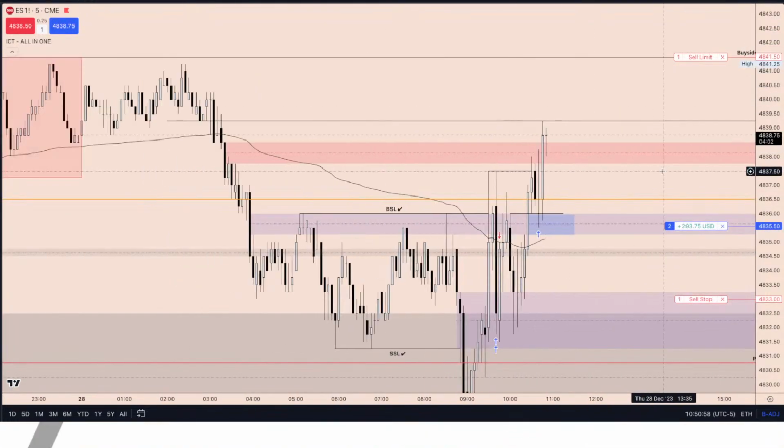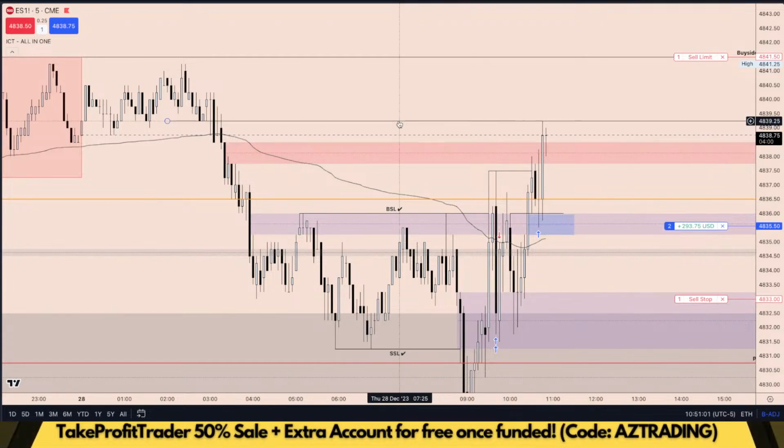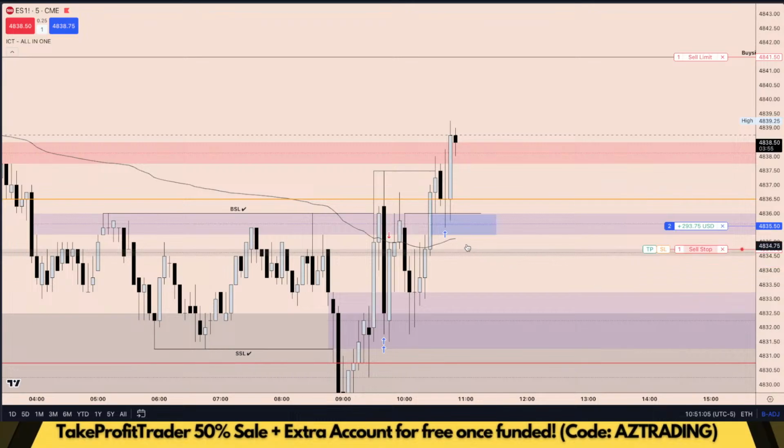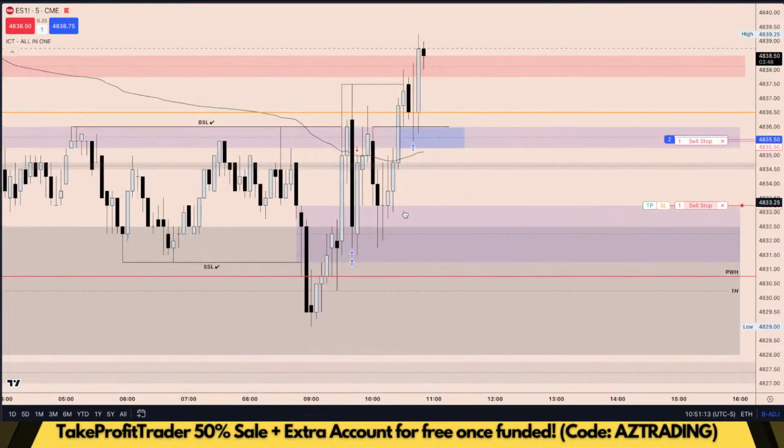Keep that in mind. Always make sure to be aware of the higher time frame. I'm going to move my stop to break even here, and the other stop.